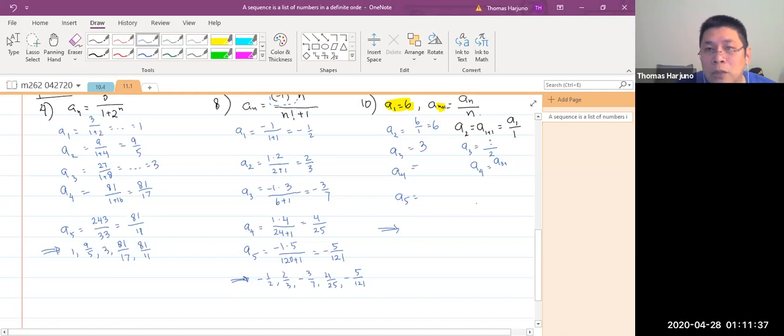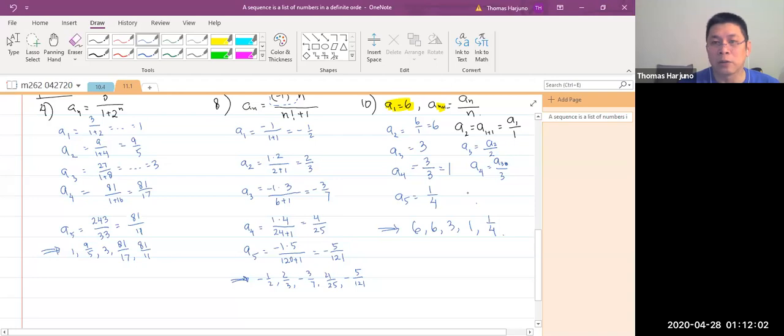So that's A2 over 2. This is A3 over 3. Okay, so A4 will be A3 over 3. That's 1. And A5 will be the previous term over 4. So that will be 6, 6, 3, 1, 1, 4.